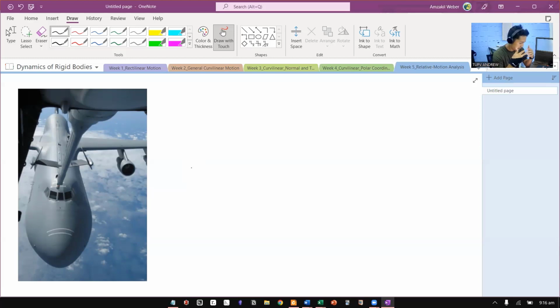Because if not, they cannot achieve what they want, which is to refuel. Even though the two aircraft are moving at very high speed, since they have the same or almost zero relative motion, it is possible to refuel mid-air. So this is just one application of relative motion analysis.